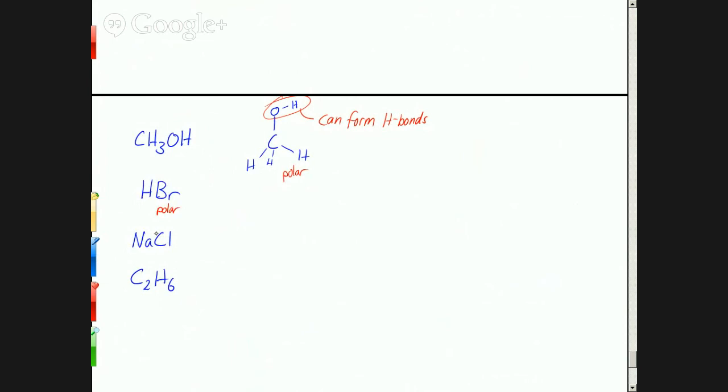Not as polar as, say, HCl, and it can't do hydrogen bonding, but it could still have some dipole-dipole forces, some attractions. So we would expect this one to be something like this, with a slight negative toward the bromine. The difference in electronegativity is about 0.8, I think. So a slight difference in polarity.